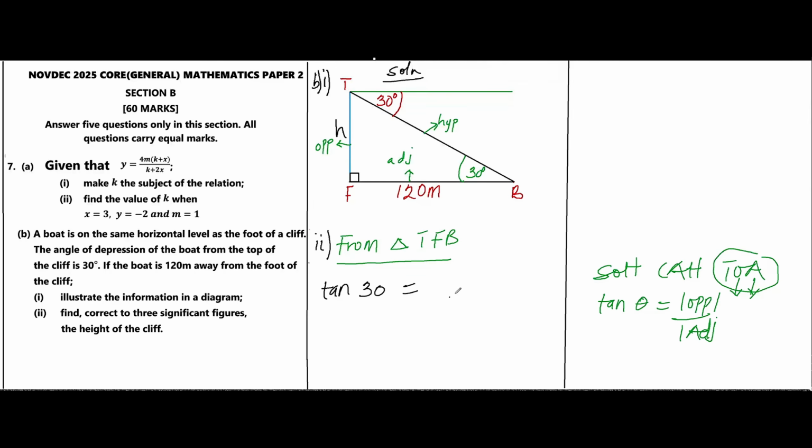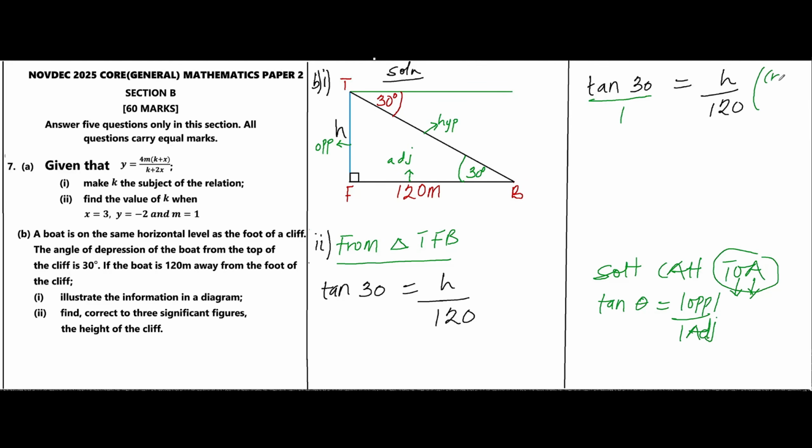So the opposite, that is h, divided by the length of the adjacent, giving us 120 meters. So let me repeat this. Tan 30 equals h on 120. So tan 30 is the same as tan 30 on 1.